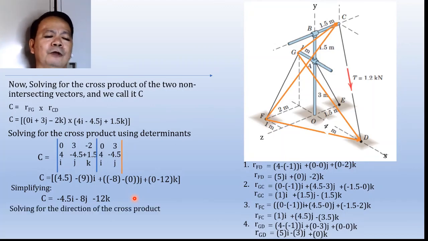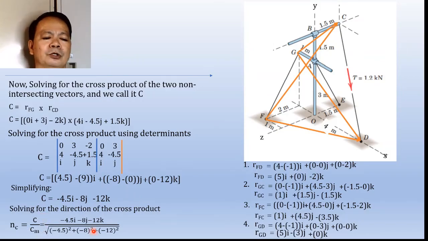So we need to solve for the direction, and therefore the direction is the ratio of the cross product divided by the magnitude of the cross product. And so we say that that is the ratio of the C over C sub m. So what we do is just substitute the C here, and we solve for the magnitude as the square root of negative 4.5 square plus negative 8 square plus negative 12 square.